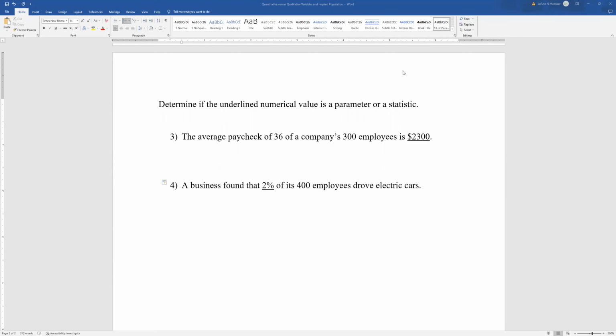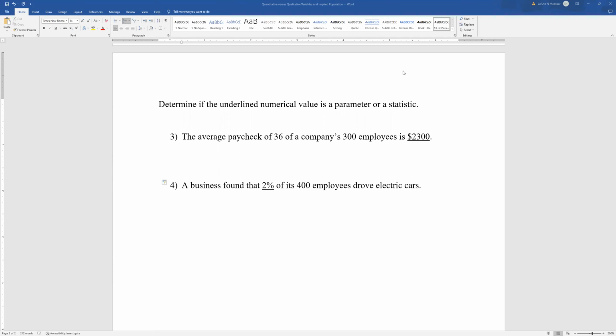All right, and my last two examples have to do with distinguishing between a parameter or a statistic. It says determine if the underlying numerical value is a parameter or a statistic. The average paycheck of 36 of a company's 300 employees is $2,300, where $2,300 was the reported measurable value.